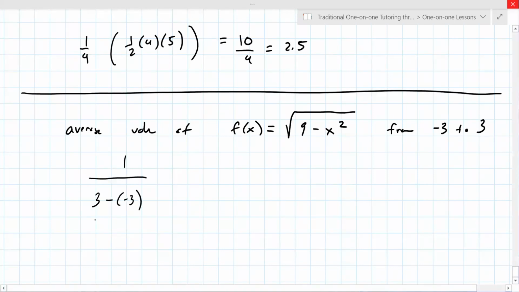This is always a positive number, by the way. The average value has to be a positive number in most cases. So that's the integral from -3 to 3 of square root of 9 minus x squared dx.